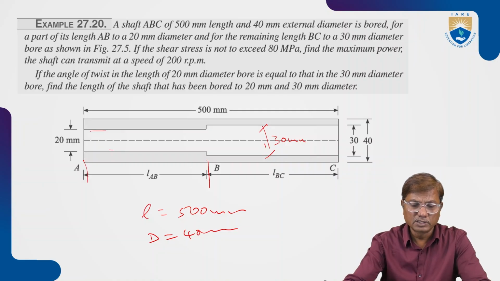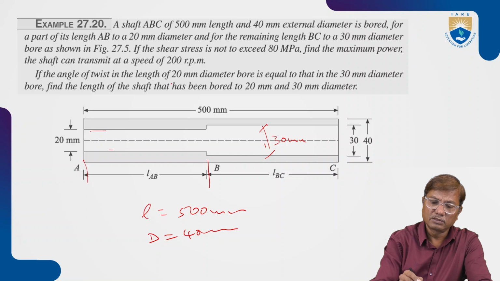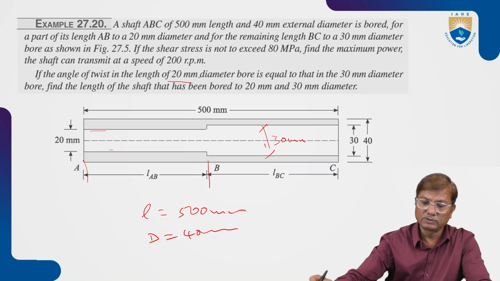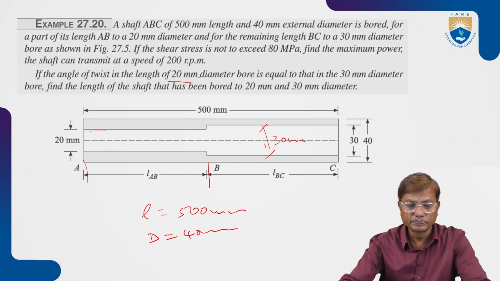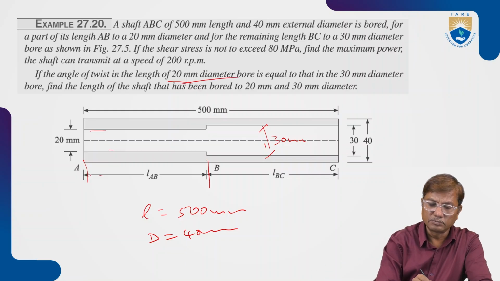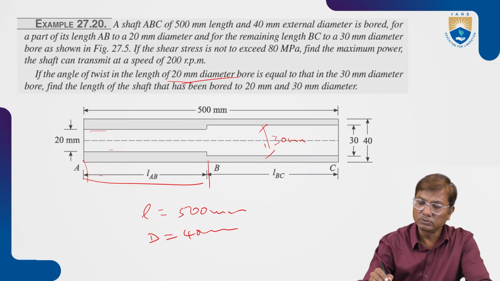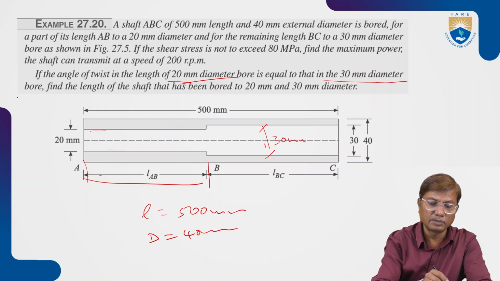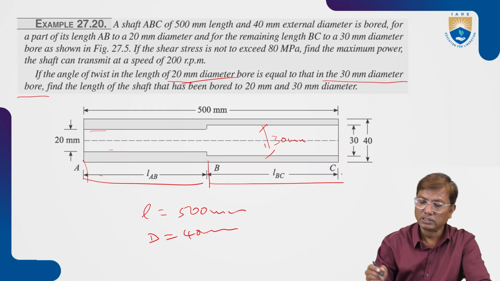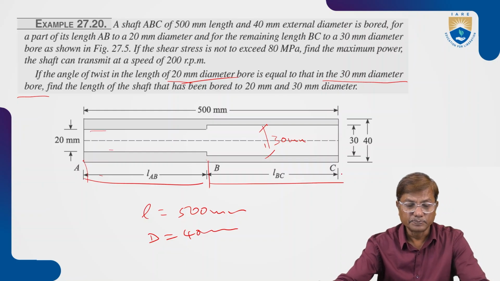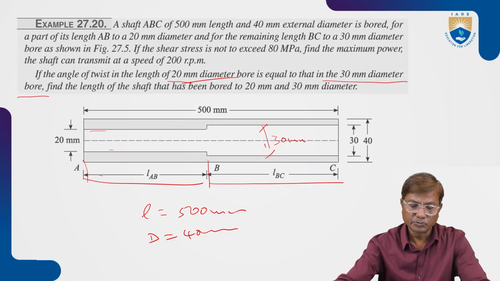If the angle of twist in the length of 20 mm diameter bore, that means in this length AB, is equal to that in the 30 mm diameter bore, that means in the length BC, the angle of twist is equal in both the parts AB and BC.